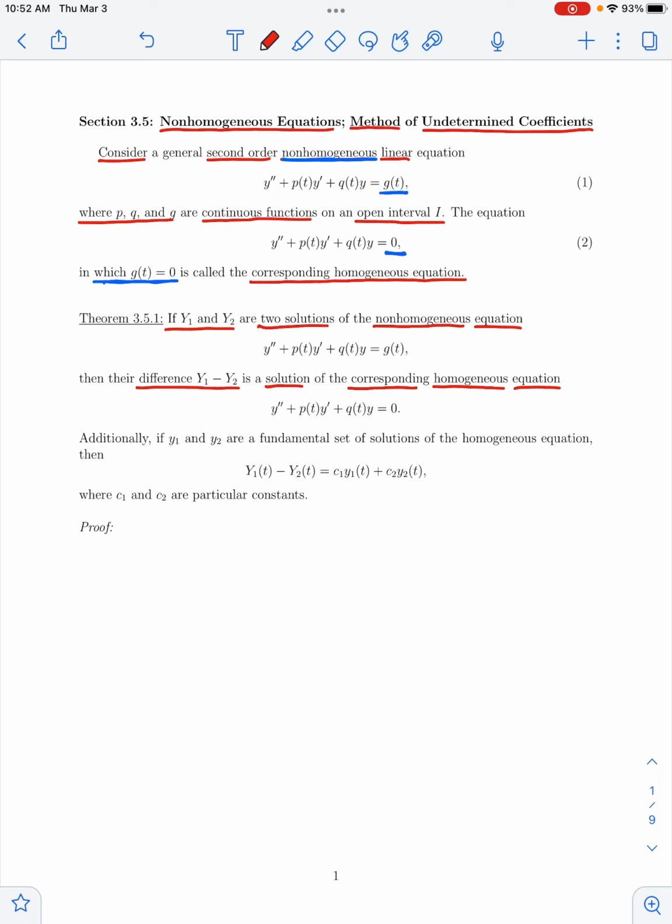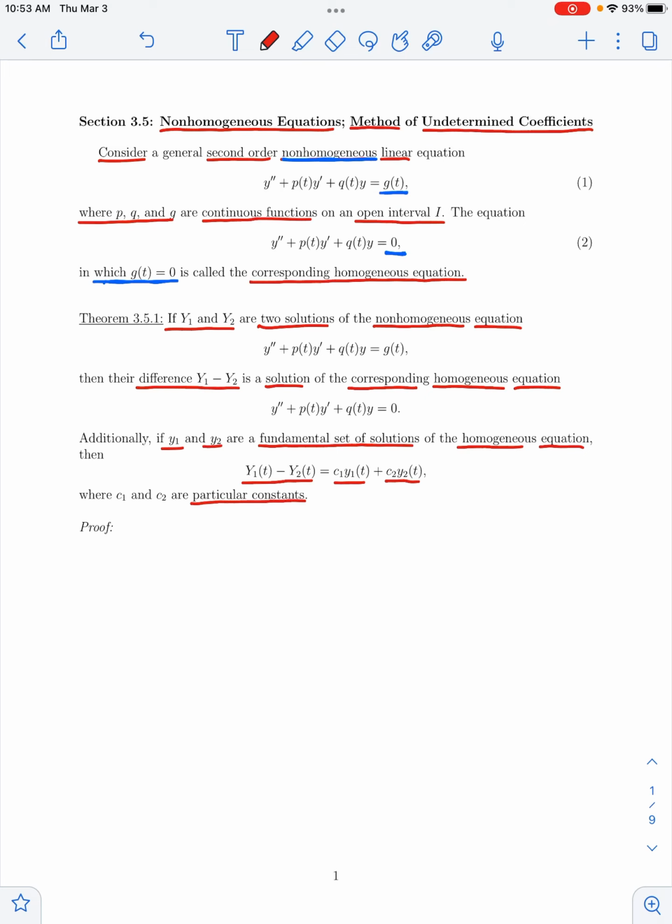That is, the difference of two solutions of the non-homogeneous equation would solve the corresponding homogeneous equation. And additionally, if little y1 and y2 are a fundamental set of solutions of the homogeneous equation, then the difference of capital Y1 and Y2 would be some C1 y1 plus C2 y2, where C1 and C2 are particular constants.